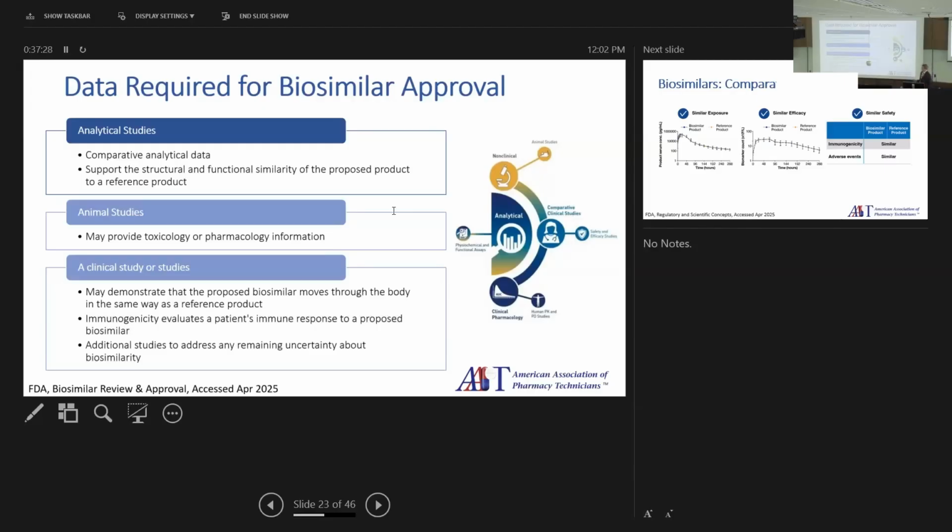And then also evaluating immunogenicity. We'll take a look at what immunogenicity means, but immunogenicity evaluates a patient's immune response to a biosimilar, and then any additional studies that the FDA deems necessary. So the FDA can guide the manufacturers as far as what information may be helpful when determining that a biosimilar is biosimilar enough to a reference biologic.